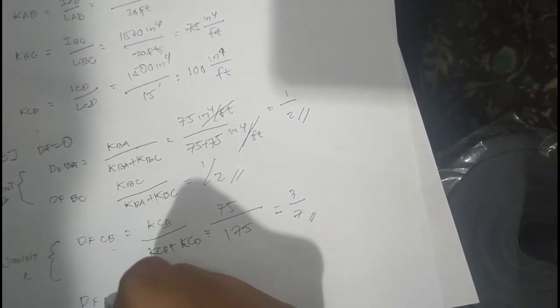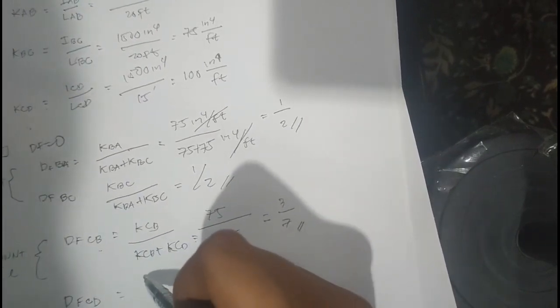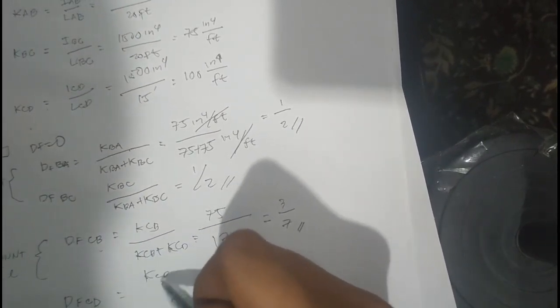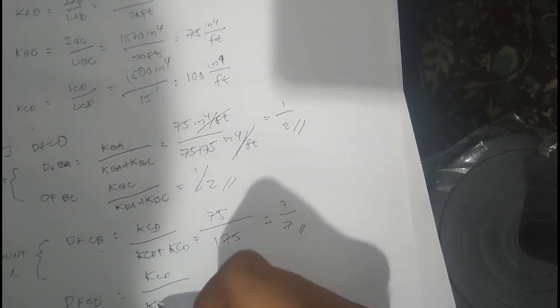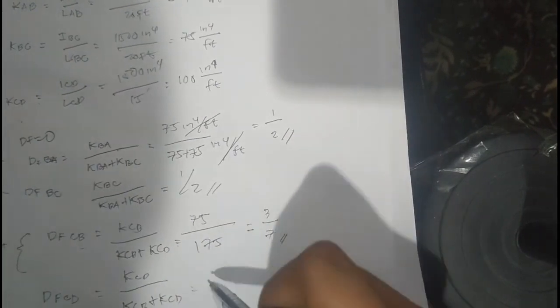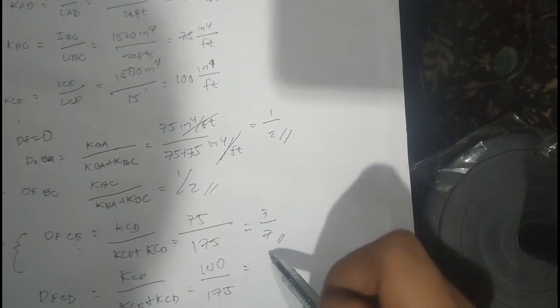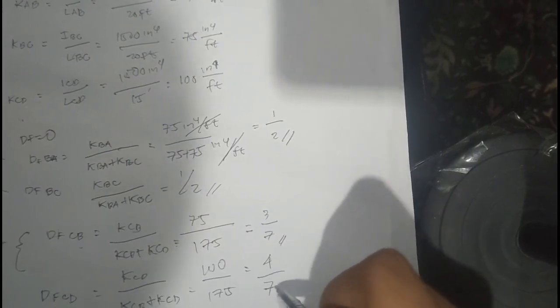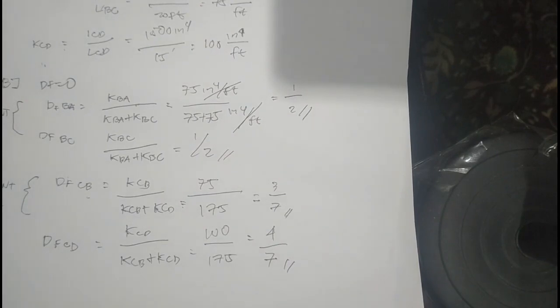Lastly, the distribution factor for joint CD equals KCD over KCB plus KCD, which is 100 over 175 equals 4 over 7.